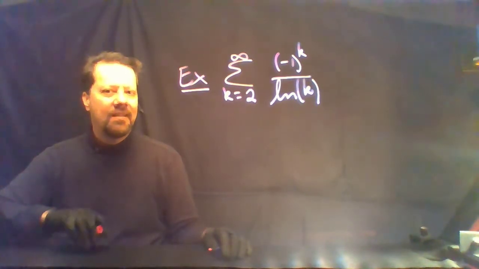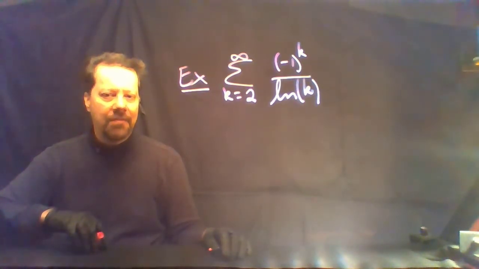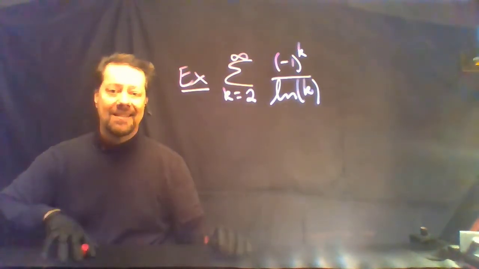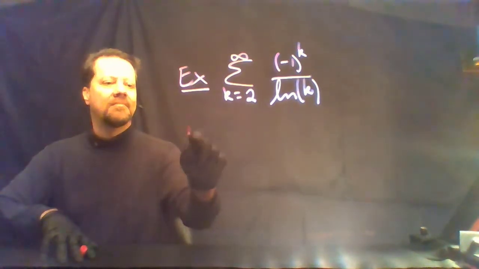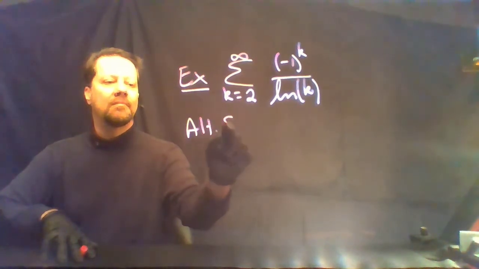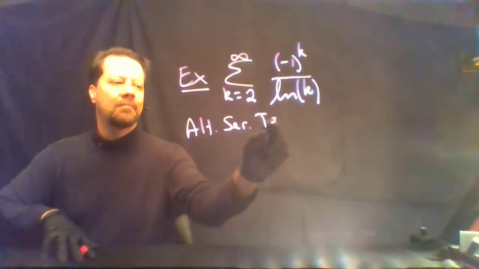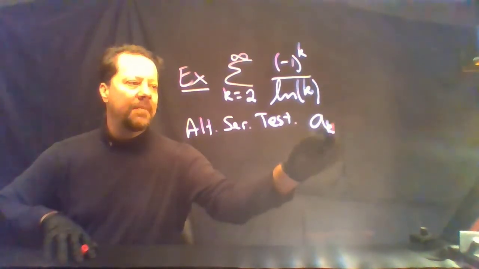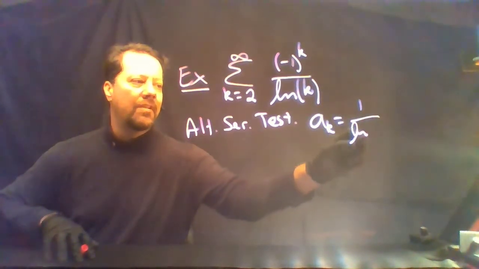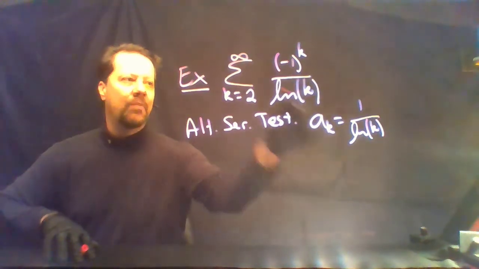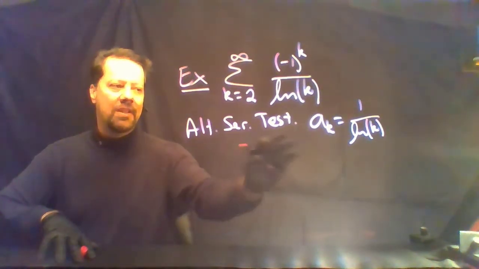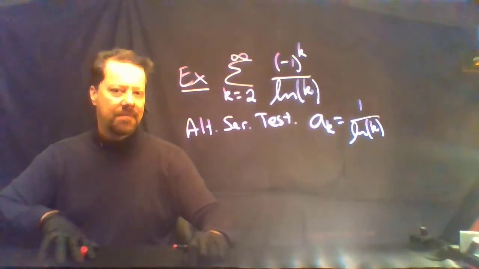So, to show that this series converges, we can use the alternating series test, the best test on the planet. a sub k in this case is 1 over the natural log of k. We leave this off in analyzing these series using the alternating series test.